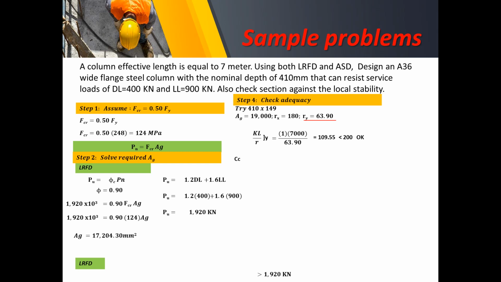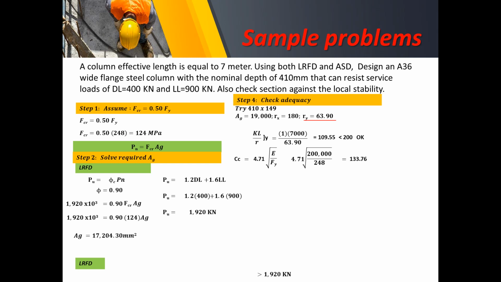So the next step is, of course, to calculate Cc to compare with the computed maximum slenderness ratio. This is equal to 4.71 square root of E over Fy. So we just apply that. This is equal to 133.76.